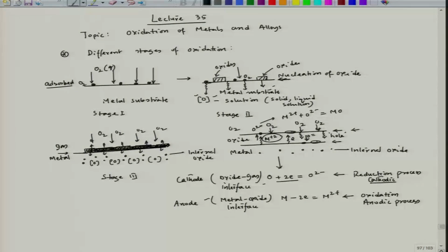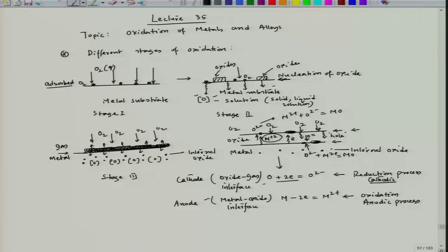Since this diffusion is faster, oxygen 2 minus will come over here, and then it reacts with metal 2 plus and forms MO. So, oxide can grow over this particular interface or that particular interface, depending on which species is diffusing faster.